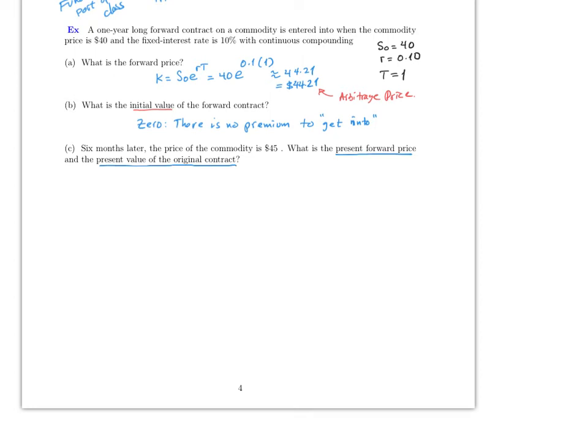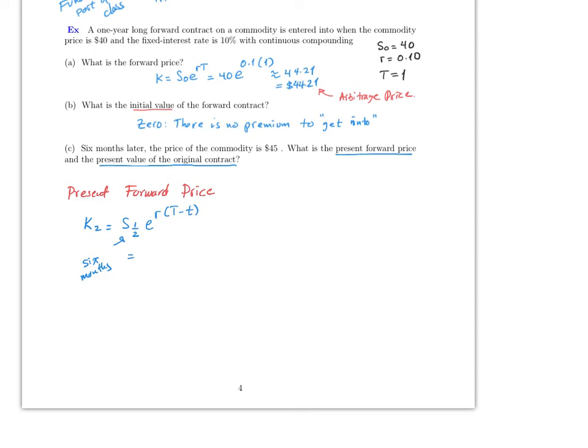Okay, so first, let's look at the present forward price. Now we're trying to find technically K2 so that we don't confuse it with the first K. So this will be S of 1/2, where 1/2 means 6 months, times e to the R(T minus t).